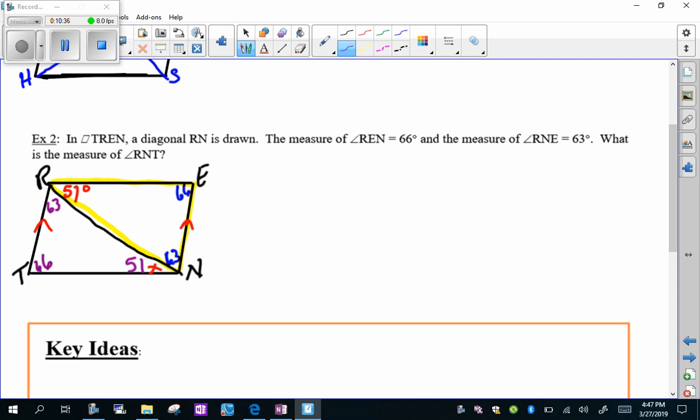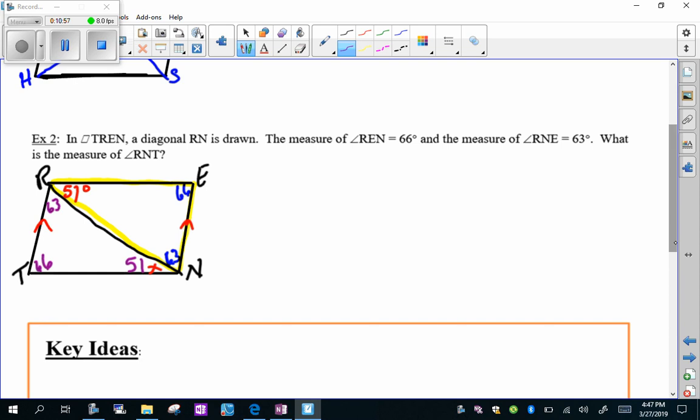I know opposite angles of a parallelogram are congruent, so I know that has to be 66. You can add up all the angles to make sure that you get 360. There are, again, many different approaches to finding this, and as long as you stick with the properties of a parallelogram, you're absolutely fine.